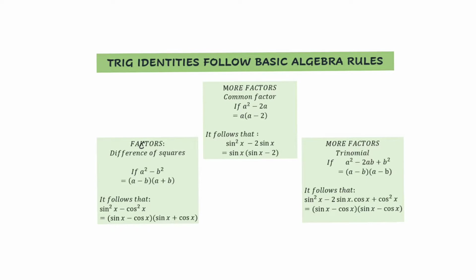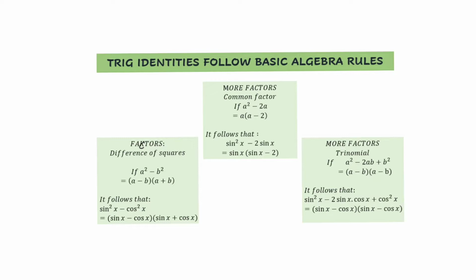And if you look at the trinomial, which you're well acquainted with, you can do this with this difficult trinomial. So instead of an a square, we have a sine square. Instead of a b square, we have a cos square. And we just factorize it exactly similarly.